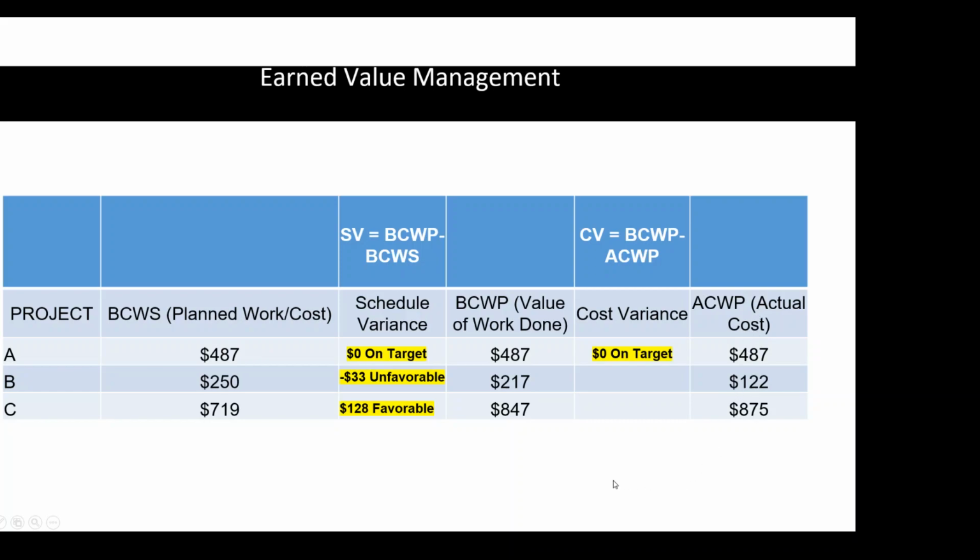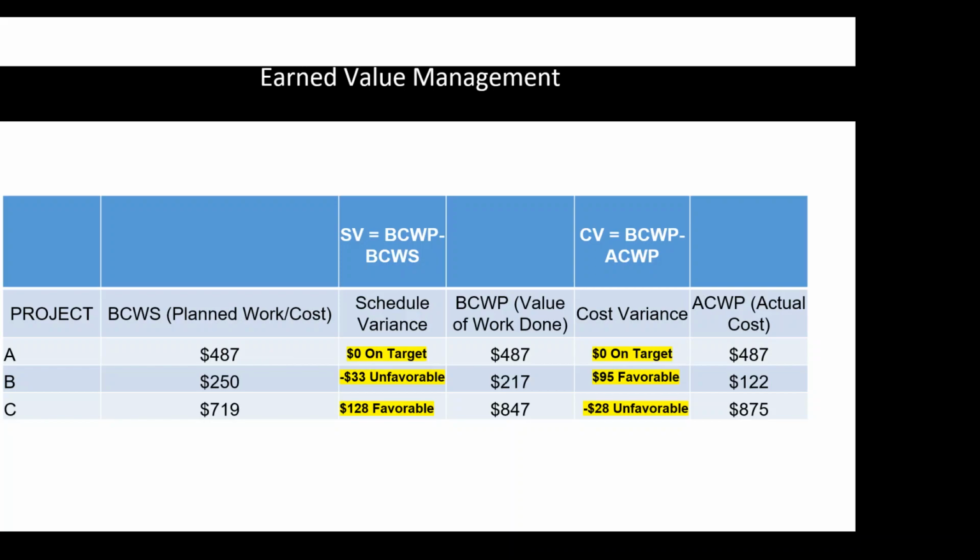Is that favorable or unfavorable? Well, if it's valued more than what I paid, it's favorable. Yes, $95, favorable. If the value of the work done is $847 and I actually paid $875, then that means it's unfavorable by $28. I paid $28 more than what the item was valued for.